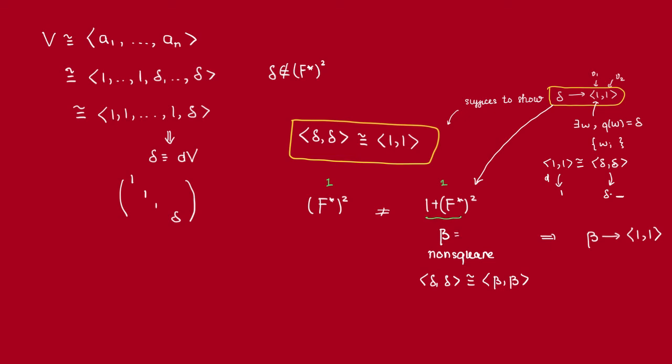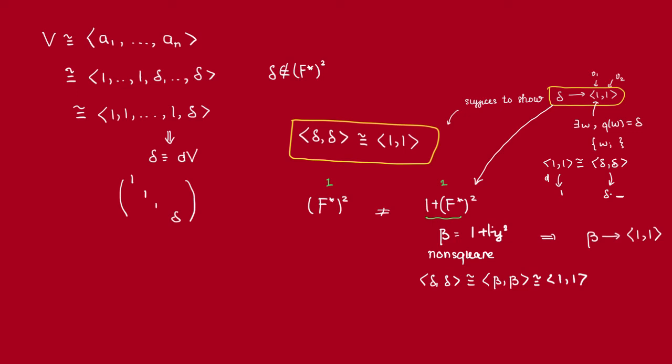Thus I can write β as 1 times x squared plus 1 times y squared, so this is represented by ⟨1, 1⟩. That means ⟨β, β⟩ is isometric to ⟨1, 1⟩. And because β is also a non-square, it's isometric to ⟨δ, δ⟩, so ⟨δ, δ⟩ is isometric to ⟨1, 1⟩. And coming back here, we know that in this expression we only need one delta. That delta must be congruent to dV.